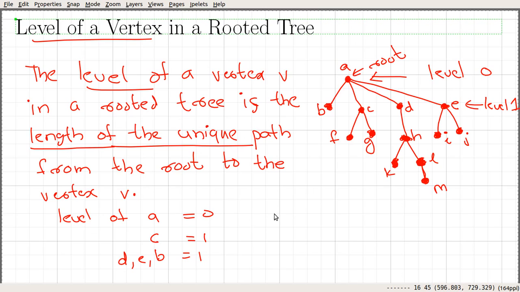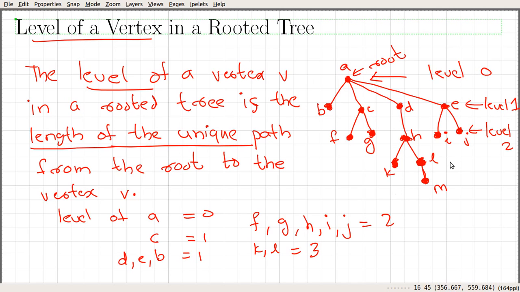Similarly, if we consider these vertices F, G, H, I and J, the unique path from the root contains 2 edges, so the length is 2. So all these vertices are at level 2 in this tree, and the level of K and L is, in this case, 1, 2, 3.